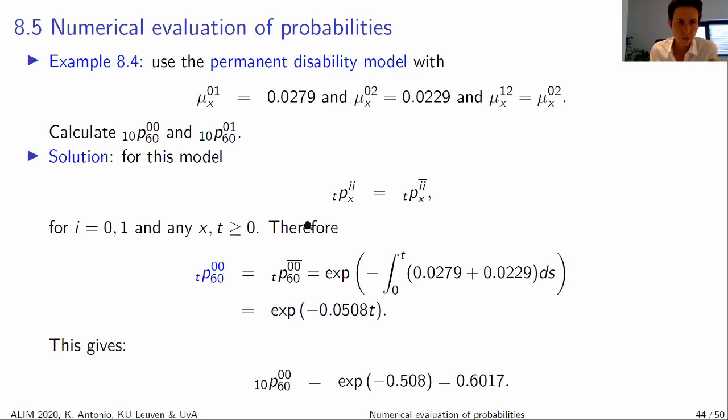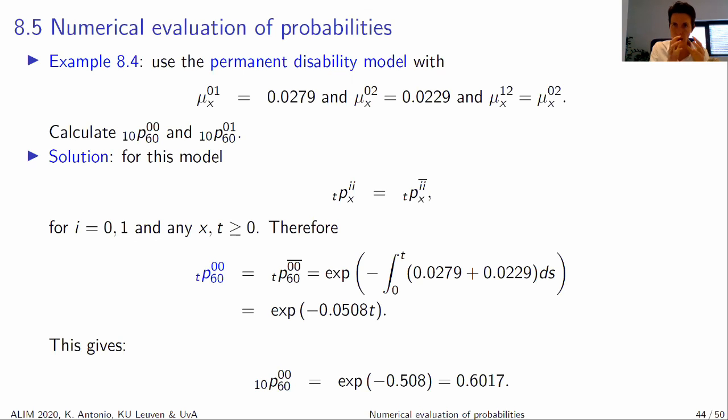So the 10p_60^00 is the same, at least in this model, as the 10p_60^00 with a bar. And for these sojourn probabilities, we have these easy expressions. We take the exponential of minus the integral from 0 to t of the sum of all transition intensities that are applicable to our policyholder.